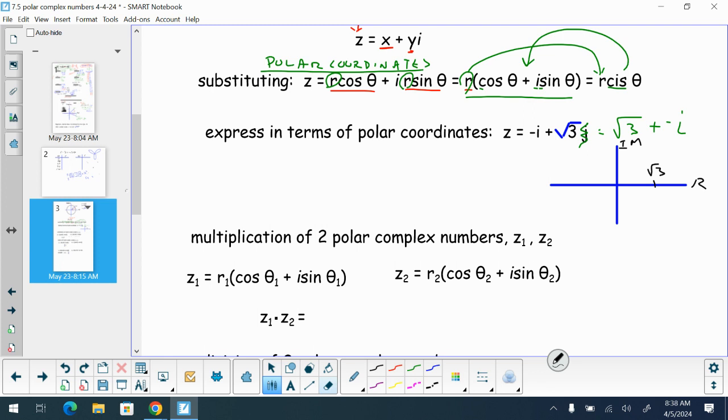We go down -1 on the imaginary axis. So we have square root of 3 plus a negative i, or minus i.